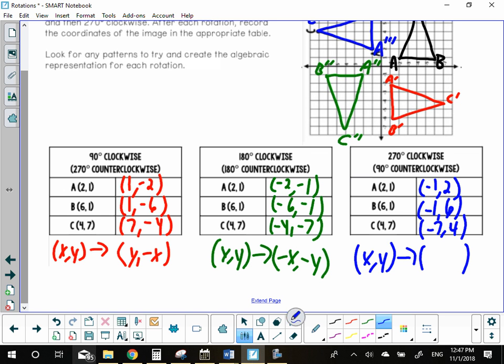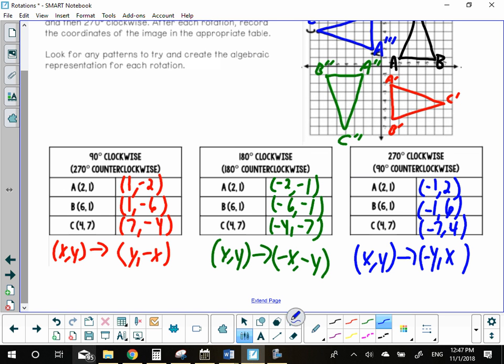And how about the 270 clockwise or 90-degree counterclockwise rotation? Yeah, so it flipped again, but this time the negatives are the other way around. So we got negative y, comma, positive x.